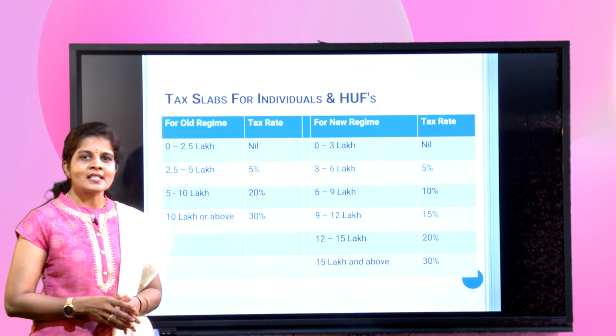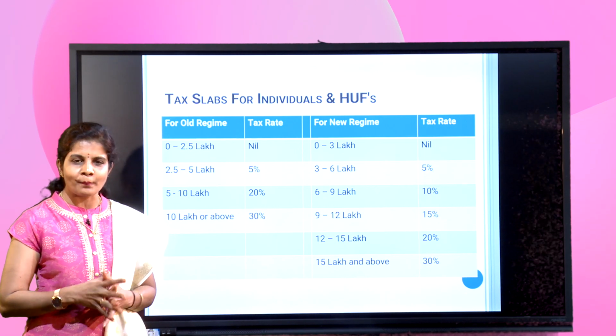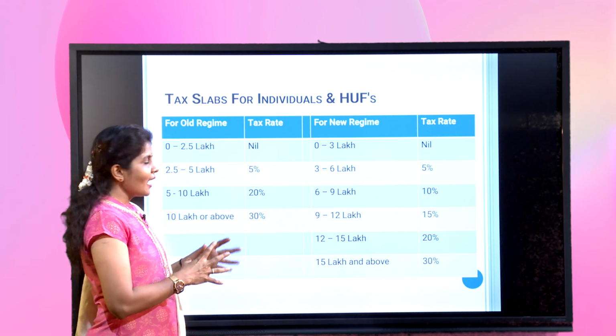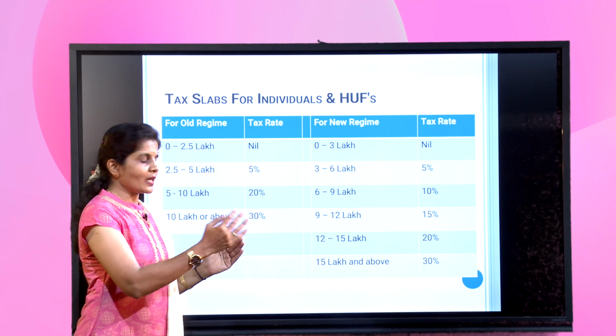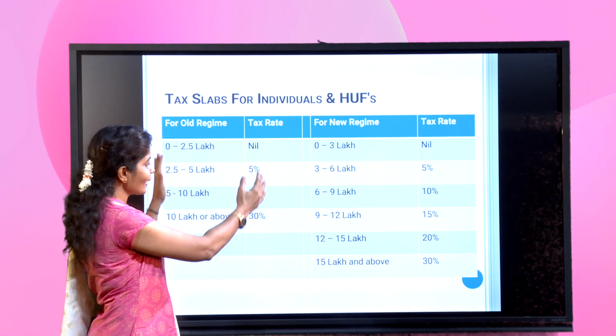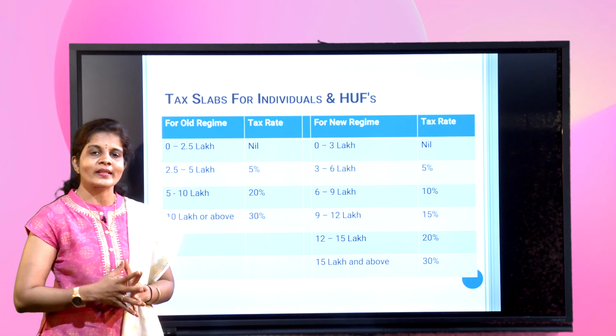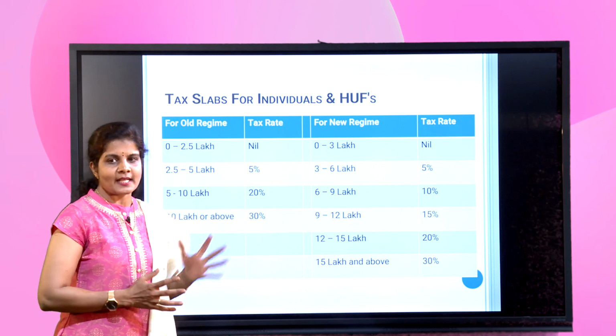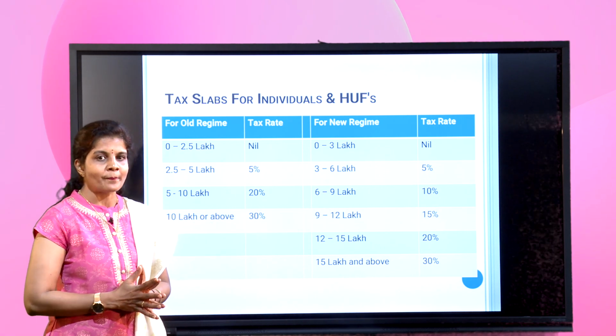Further, let us understand the very important tax rates. As I said, prior to 2020 we had only one type of tax with different slab rates, but now we have two different tax rates with slab rates as well.